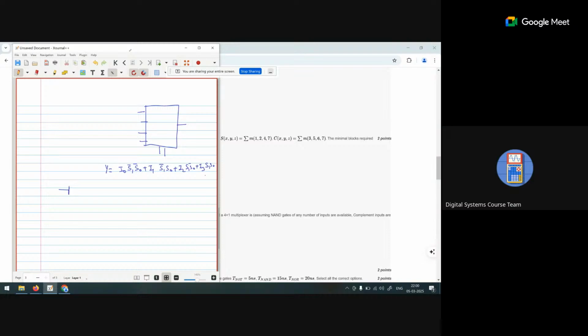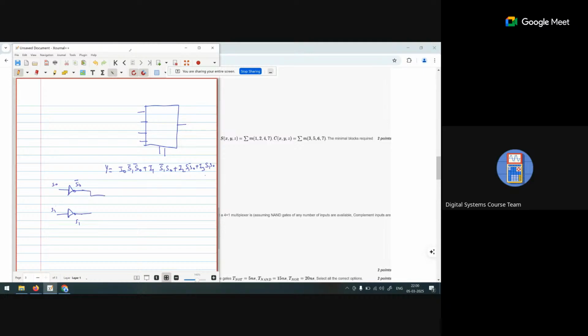So if I take an S0 node, this is the S0 bar, and this one is S1 bar. Initially I implement it with simple gates.